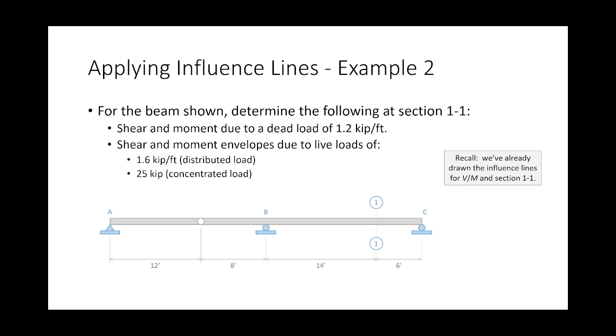I want to know the shear and moment due to a dead load of 1.2 kips per foot, and the shear and moment due to a live load of 1.6 kips per foot, which is a distributed load, and a 25 kip load, which is a concentrated load. Okay? There's a lot going on here, but it is much easier than you probably think.